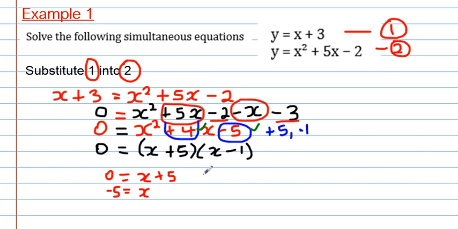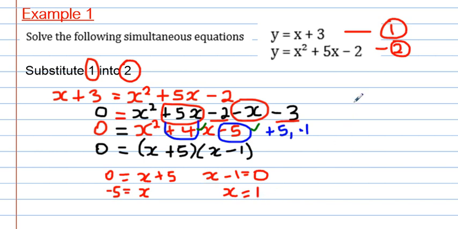So x minus 1 equals 0. Don't forget you can have your term on the left or on the right. It doesn't matter. I've done this one on the right. I'm doing this one on the left so that you can see that it could be done either way. So x will be 1.